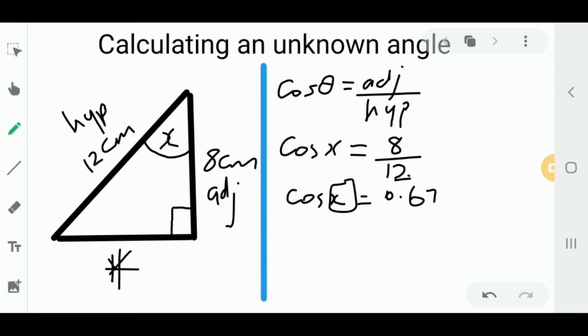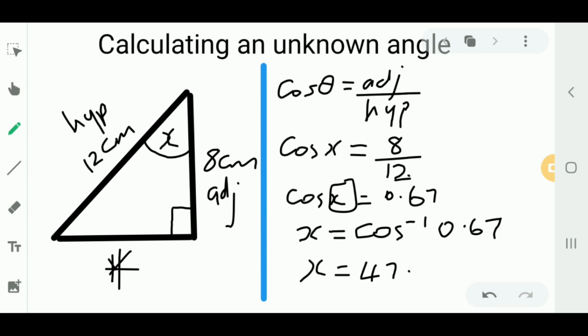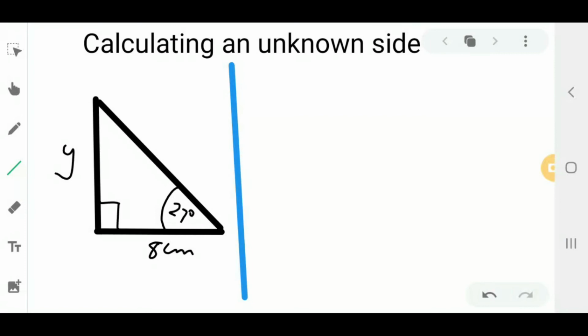Just like we did with the sine, because we want x by itself, we have to multiply both sides by cos inverse. So we have x is equal to cos inverse 0.67. So x is equal to 47.9.